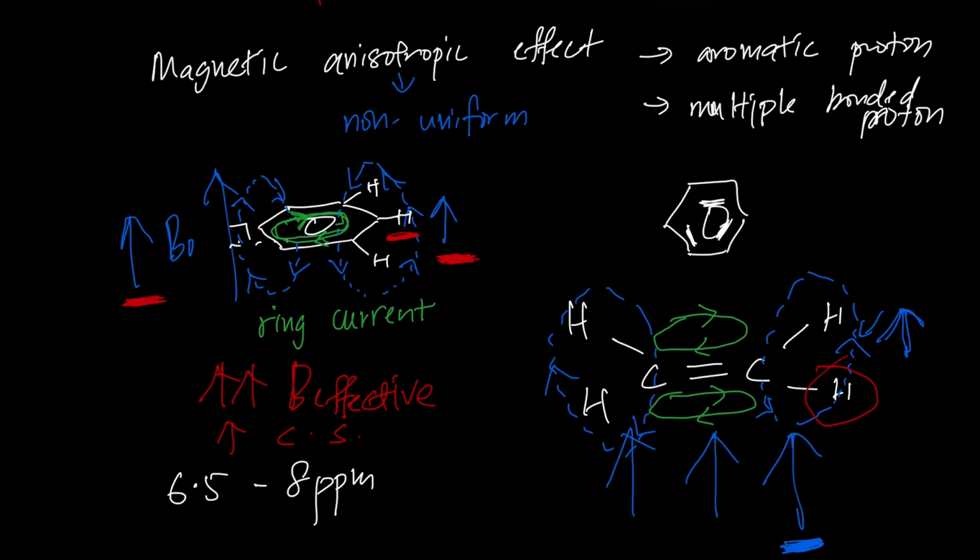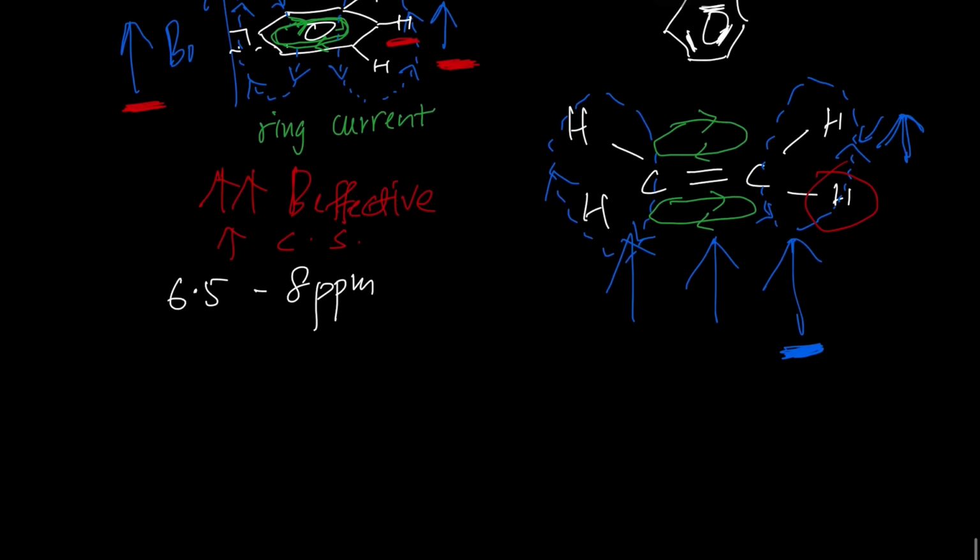Similar to the aromatic proton, this proton has a greater effective magnetic field, and this will lead to a higher chemical shift value. So compared to the single bonded proton in alkane, the proton that is bonded to a multiple bonded carbon has a higher chemical shift value.